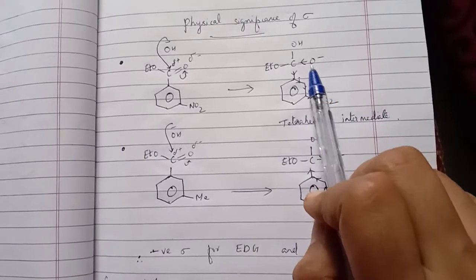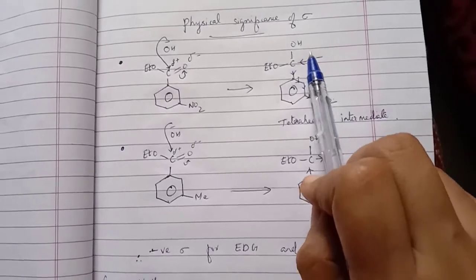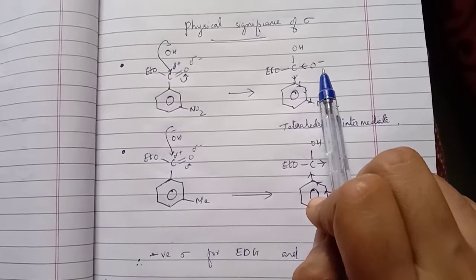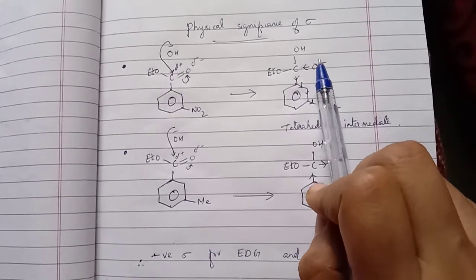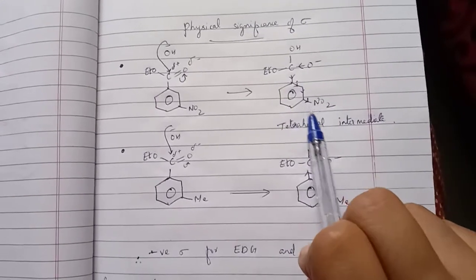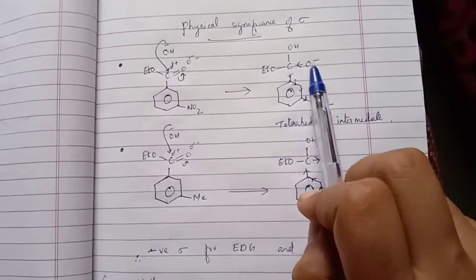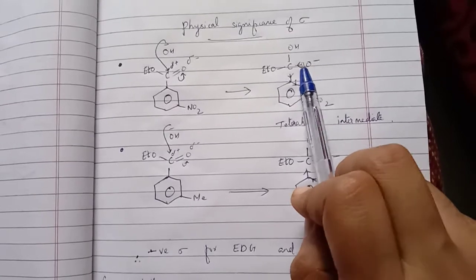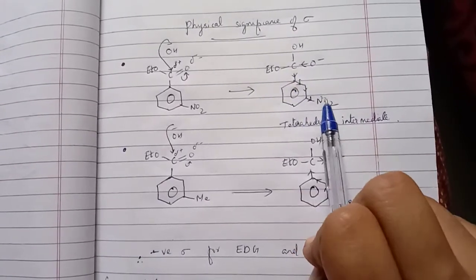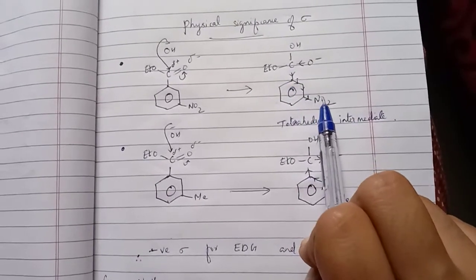Here this oxygen has a negative charge. The tetrahedral intermediate will be stabilized if the charge on the oxygen atom is diminished by the effect of the substituent. If the substituent pulls the charge from the oxygen towards it, then the tetrahedral intermediate will be stabilized.